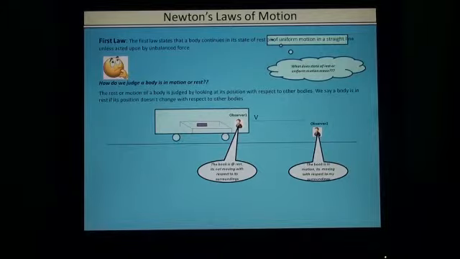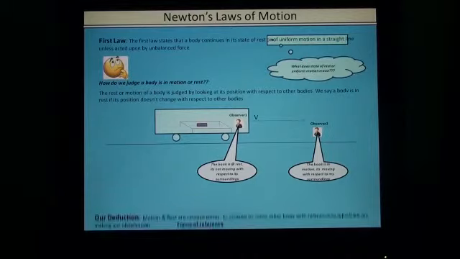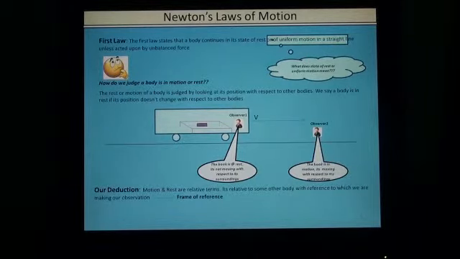As we see, the observations of both observers are correct. Motion and rest are relative terms. What might be in motion for one observer might be at rest for another observer. So it depends on how we are judging rest or motion.